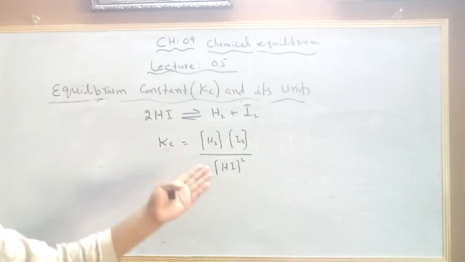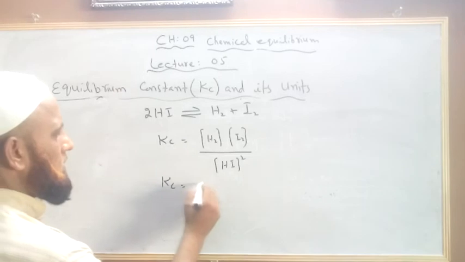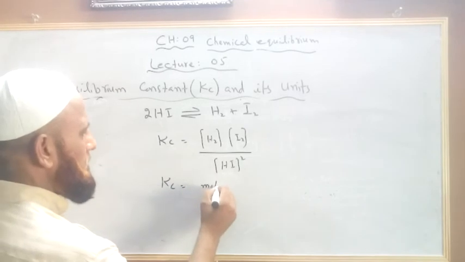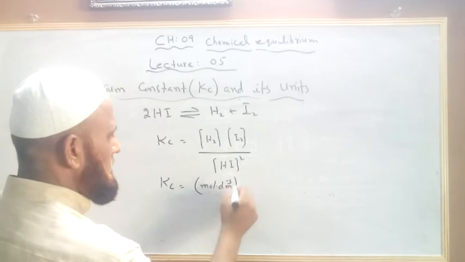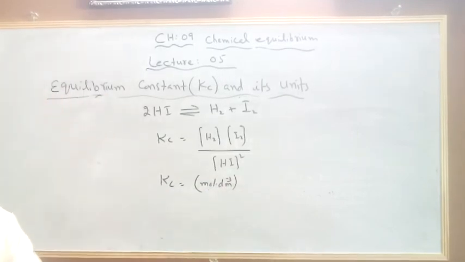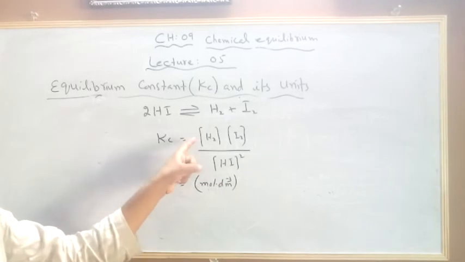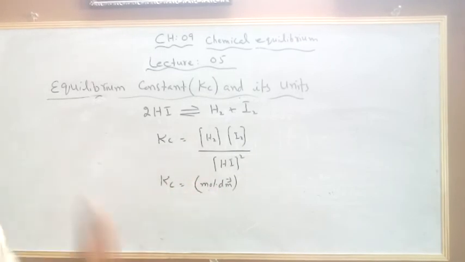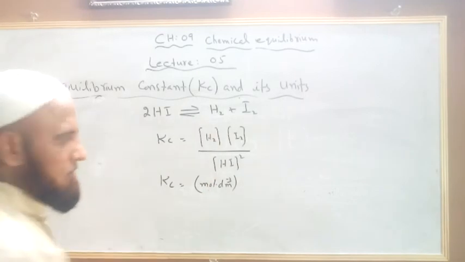Now if you want to use mole per dm cube instead of x, you can use it. Kc is equal to mole per dm cube here, mole per dm cube. When you are going to use this, the brackets would be changed, because you have changed the bracket with mole per dm cube. Understood? It is the concentration of hydrogen obviously.